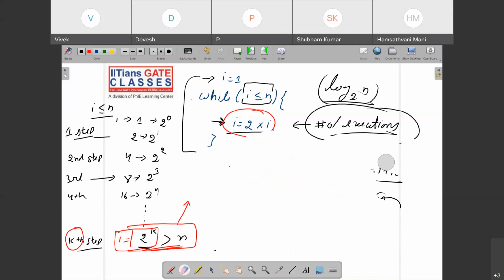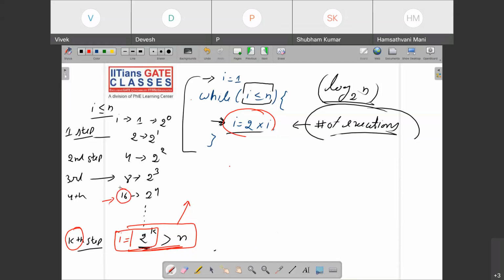Did you understand how the value of I is increasing? It's increasing like this: 2 raised to power 0, 1, 2, 3, 4. So these many steps we have executed till now. For example, here we have executed it 4 times only, and within 4 times the value of I becomes 16.